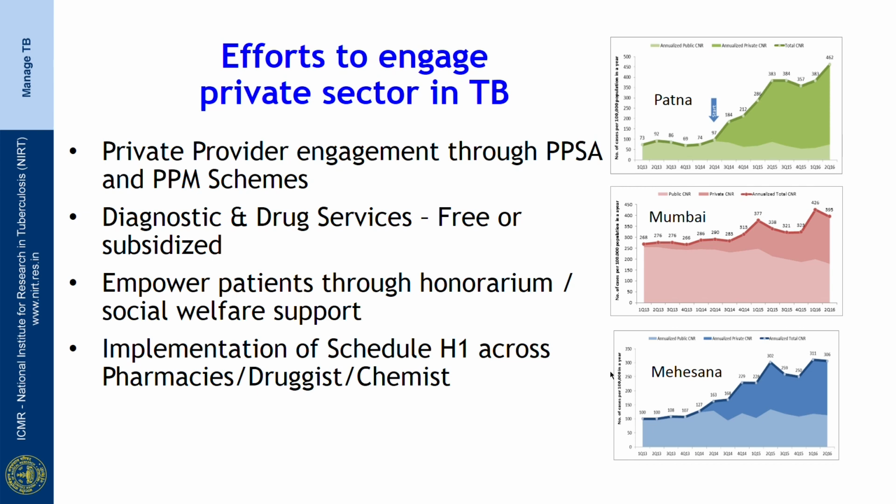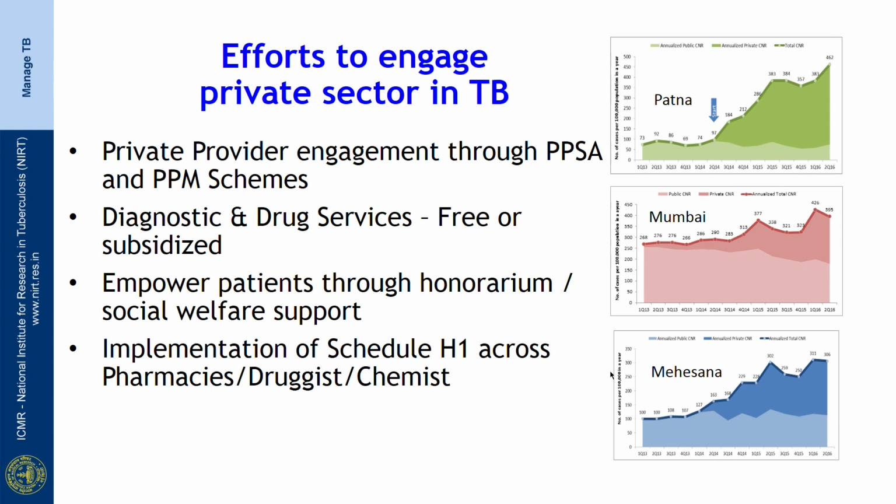These pilots were done in parts of Patna, Mehsana and Mumbai, and notification of cases almost doubled in Mehsana and Mumbai, whereas in Patna the numbers increased more than 3 times. These models are now being scaled up to the entire country based on the scenarios in different districts.